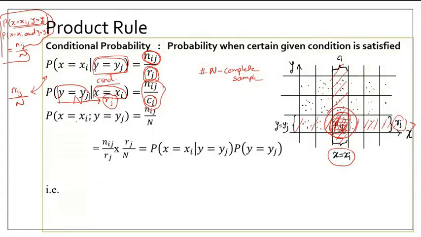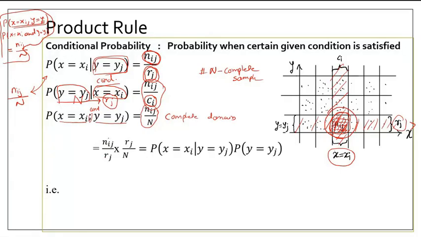Now suppose I write probability of x is equal to xi, comma y is equal to yj. That means I am talking about joint probability, which is equal to nij by n, as we have seen just now. This is talking about the complete domain. Then what I do, I divide nij by rj and multiply by rj by n.